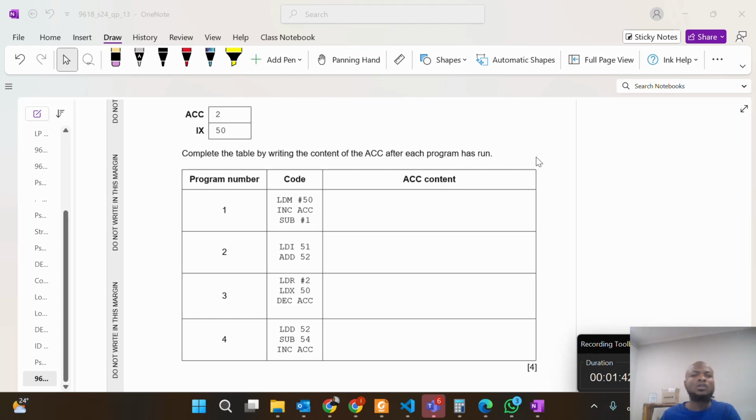So in writing the accumulator contents after these instructions have been executed, let's go back to the table that is provided for us so that we can understand how to execute each of these instructions. The first one is LDM 50.